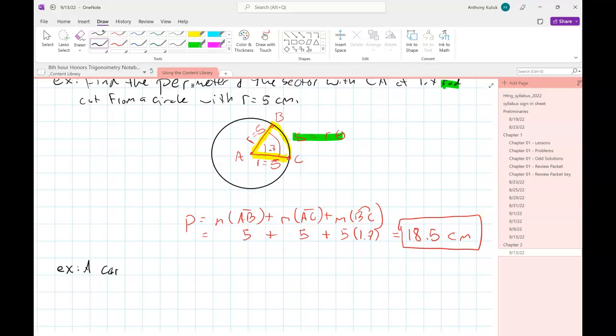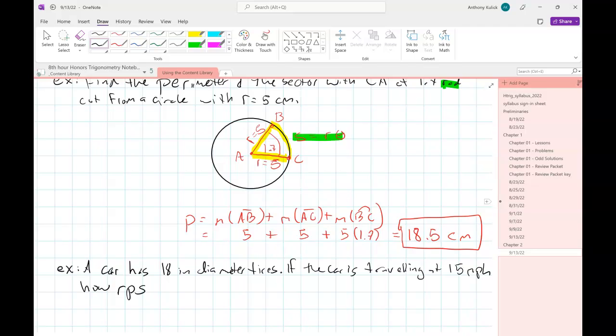A car has 18-inch diameter tires. If the car is traveling at 15 miles an hour, how many revolutions per second are the tires making?